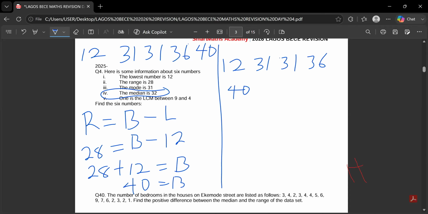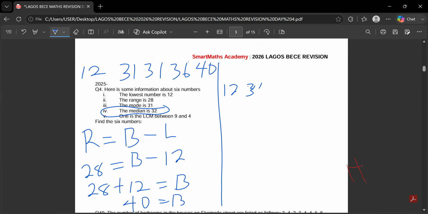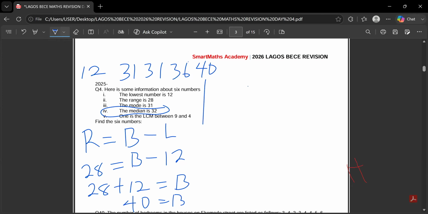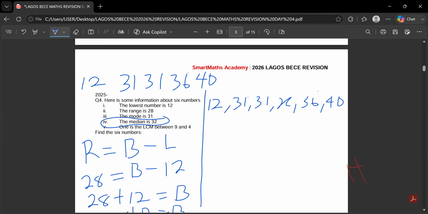So if you rearrange it accordingly, we have 12, 31, 31, and let's say the last ones, 36 and 40.